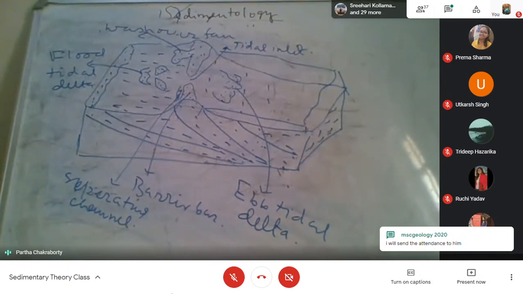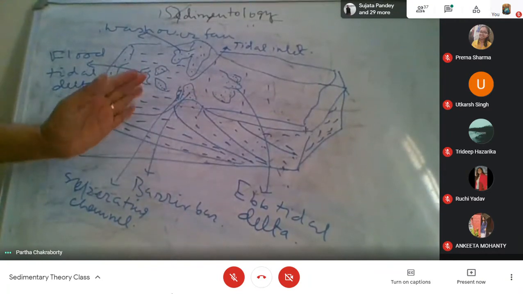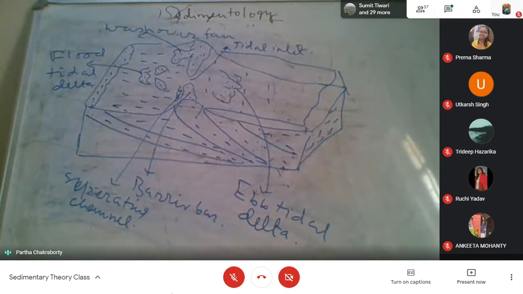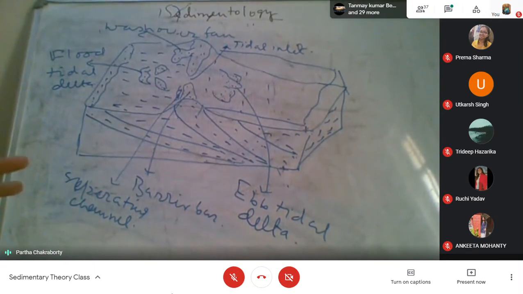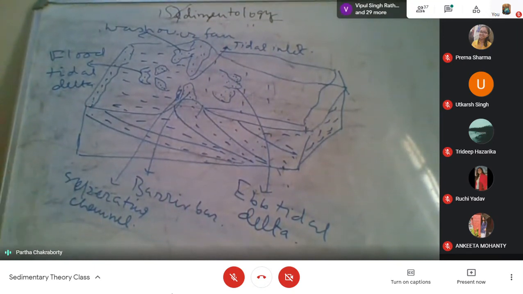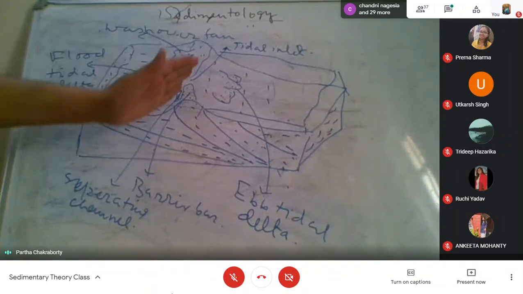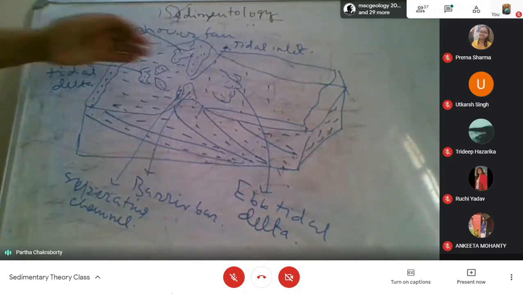It is a geomorphic high that separates the land at the back of it from the open ocean. This bar forms parallel to the shoreline, but this bar often gets dissected.